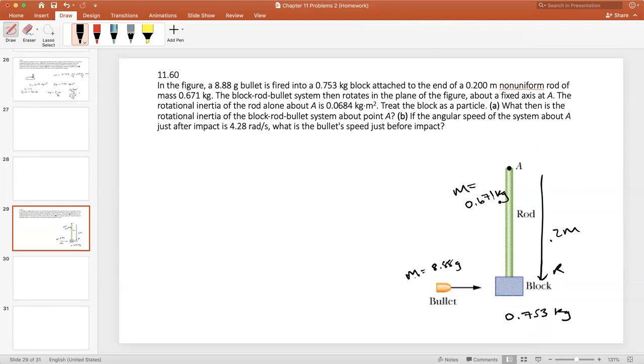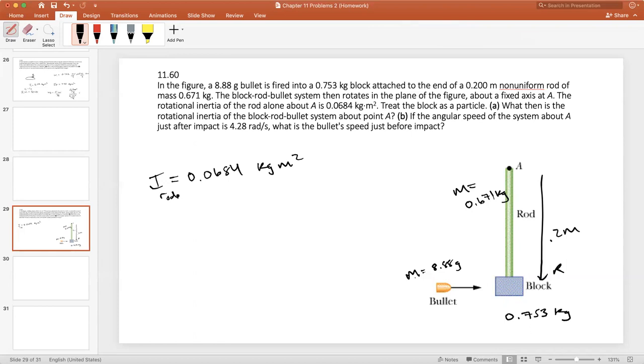The block-rod-bullet system rotates in the plane of the figure about a fixed axis A. The rotational inertia of the rod by itself, I of the rod, is simply 0.0684 kilograms meters squared. This is for the rod. Then, treating the block and the bullet as particles, what is the rotational inertia of the block, rod, and bullet about point A?